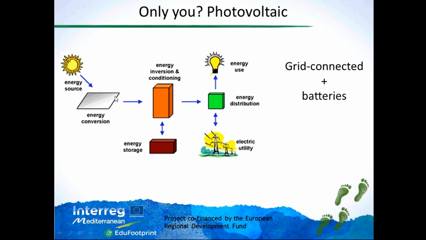So in this case, if we have a surplus of energy production from the photovoltaic system, we are not obliged to transfer it to the electric utility, but we can store it in the storage and maybe use it at night. So this is a very important point.